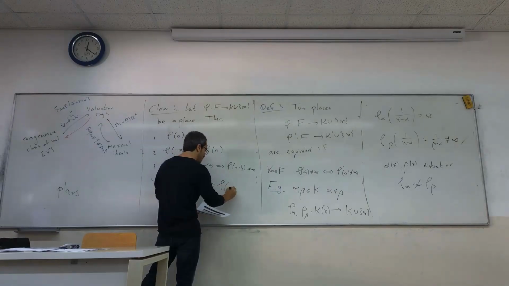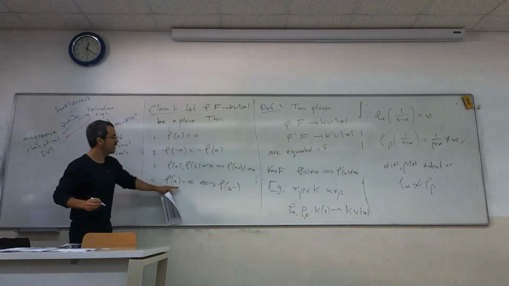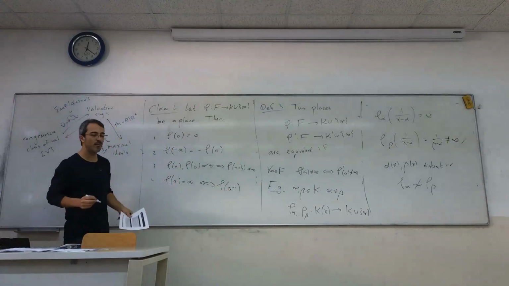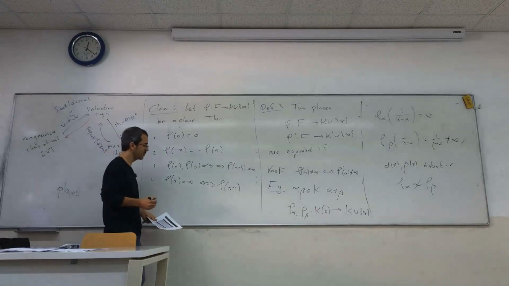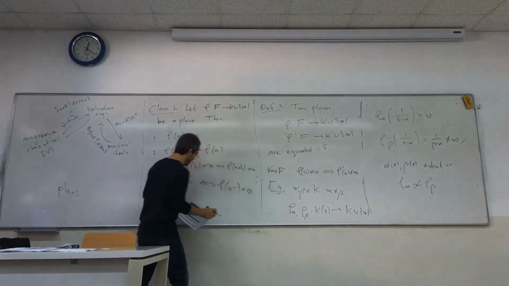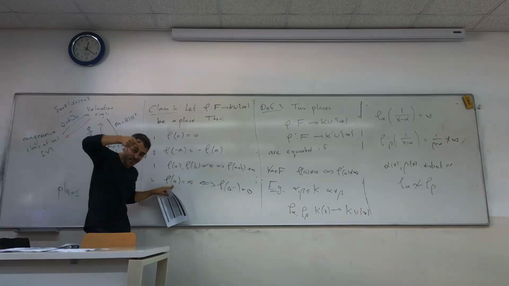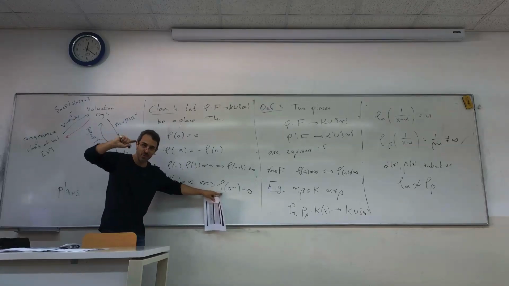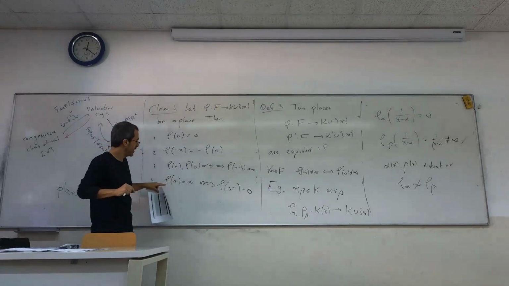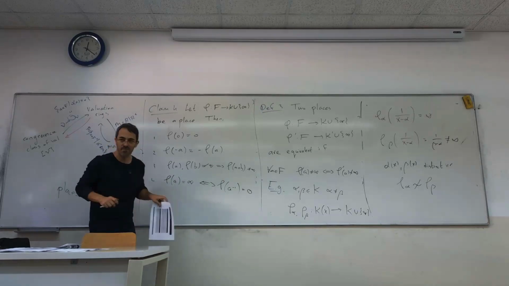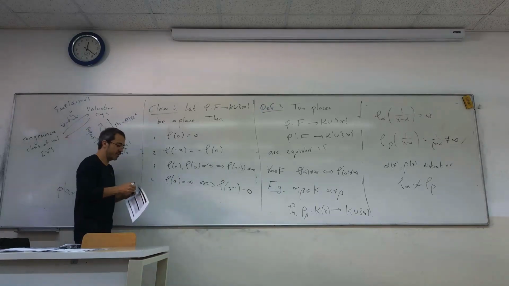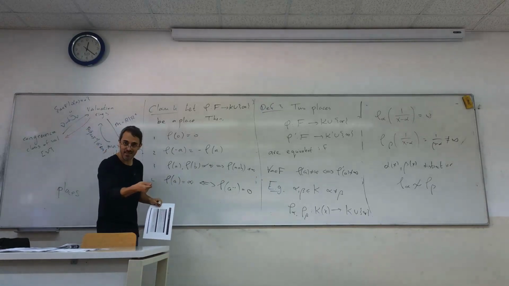So what can you say if I'm telling you that phi of A is infinity? What can you say about phi of A inverse? Exactly, 0, because the only reason a rational function is infinity when you evaluate it is that the denominator is 0 at the point.